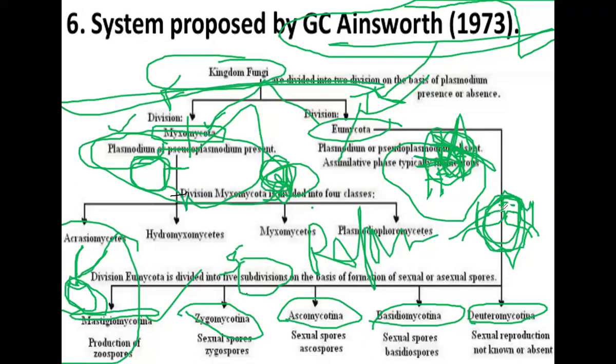If the thalli have different genetic material, different strains, plus strain and minus strain, we call it heterothallic.